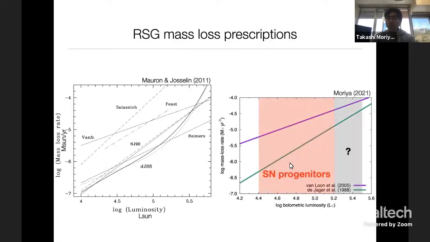The red supergiant luminosity range of supernova progenitors, as I introduced before, is log luminosity of about 4.4 to 5.2-ish. So this is the range we can investigate through red supergiant supernova explosions. There's some argument that red supergiants in a higher luminosity range may also explode as supernovae, which we don't know. So I will show this range in gray in the following figure.